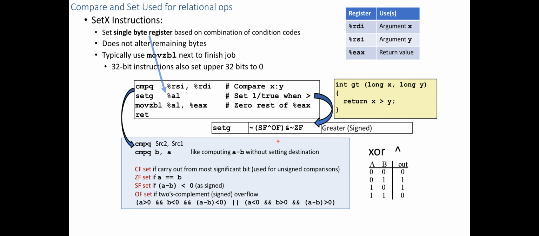So this combination, this expression, looks kind of crazy. We're going to see in a minute how it's able to make that work. But for now, we can say this works.